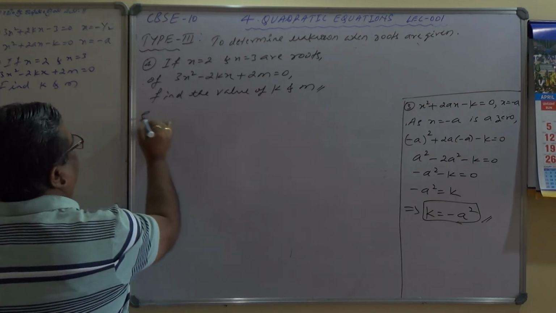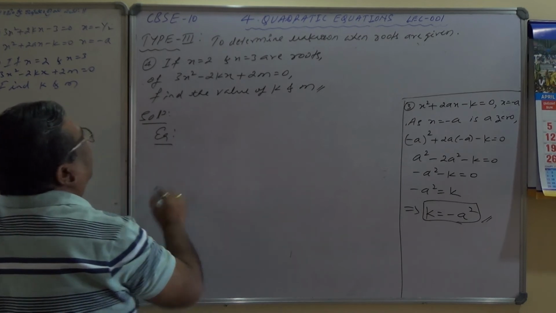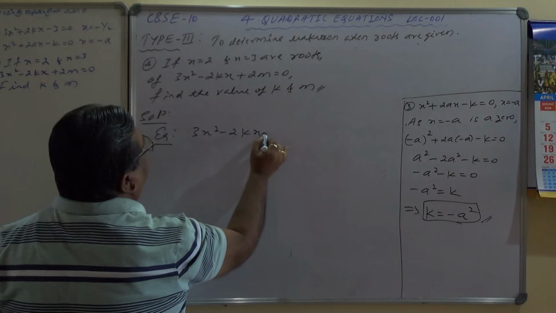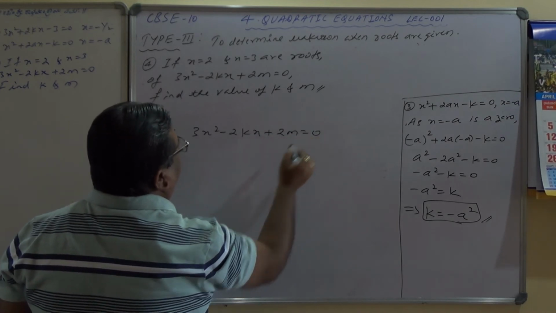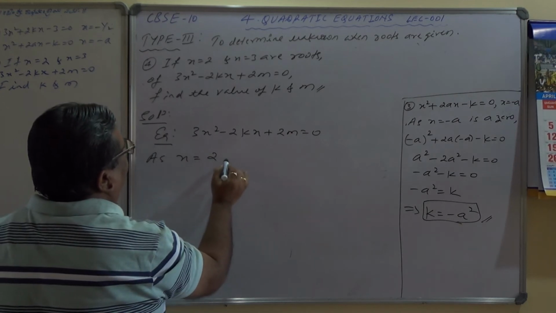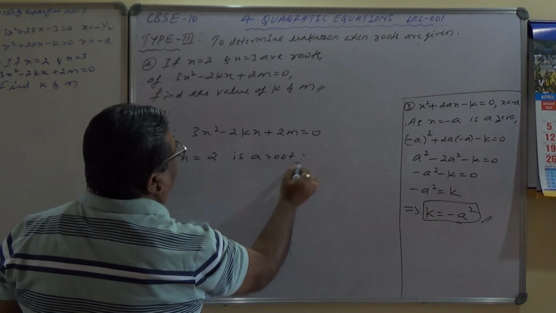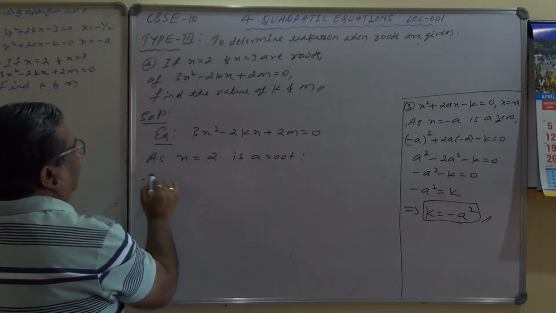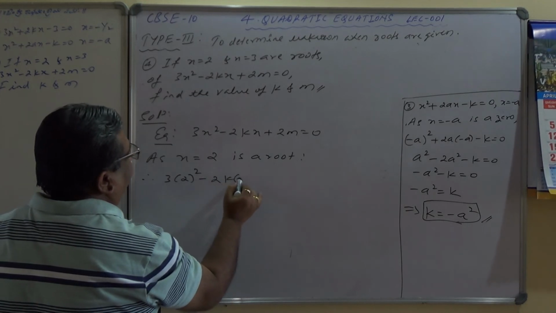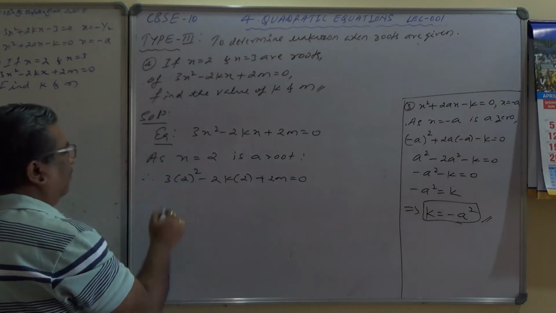So solution, given equation 3x square minus 2kx plus 2m equals 0. As x equals 2 is a root, therefore 3 times 2 the whole square minus 2 times k times 2 plus 2m equals 0.